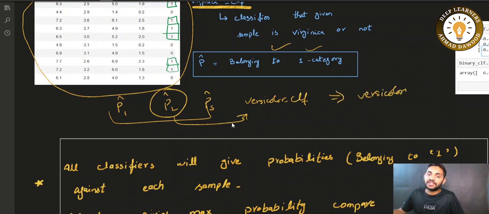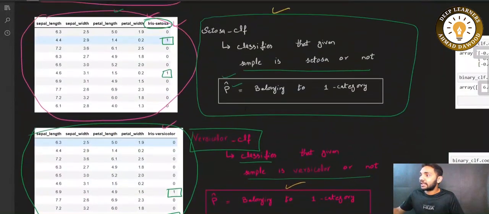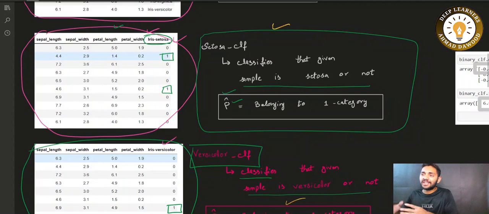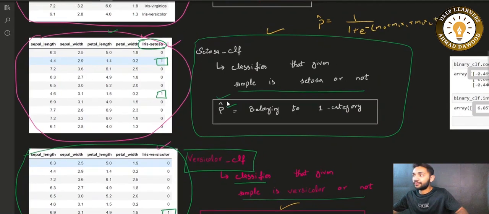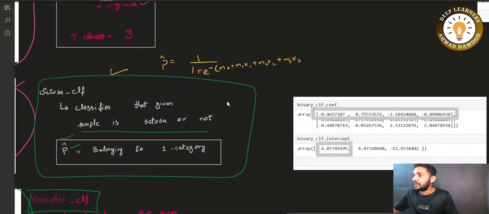In that way, this process is carried out. And you can see here there are three binary classifiers. Each binary classifier has some equation like this: p cap (y equals 1) is equal to 1 over 1 plus e raised to minus, and as there are four independent variables, there will be four coefficients and one for the intercept, so here it will be m0 plus m1 x1, where x1 is sepal length, plus m2 x2, where x2 is sepal width, plus m3 x3 plus m4 x4.